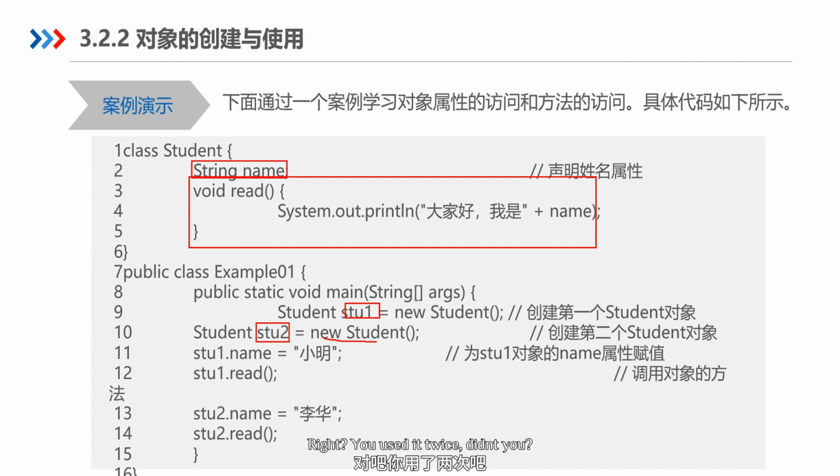You used it twice, didn't you? Two objects, created twice, and they have different names. One is called stu1 and the other stu2. So when I print this, I'm asking the second one.